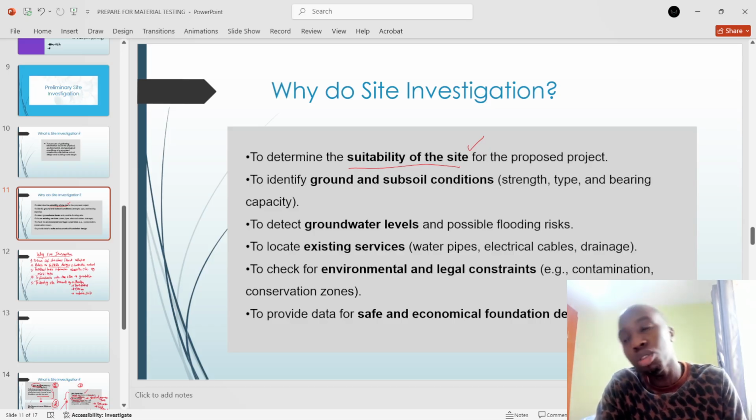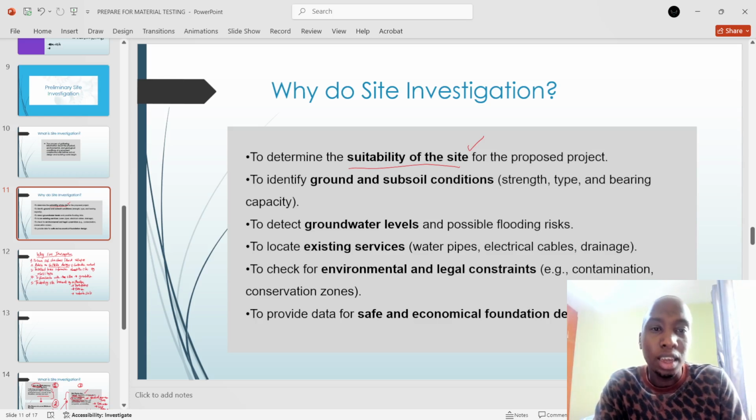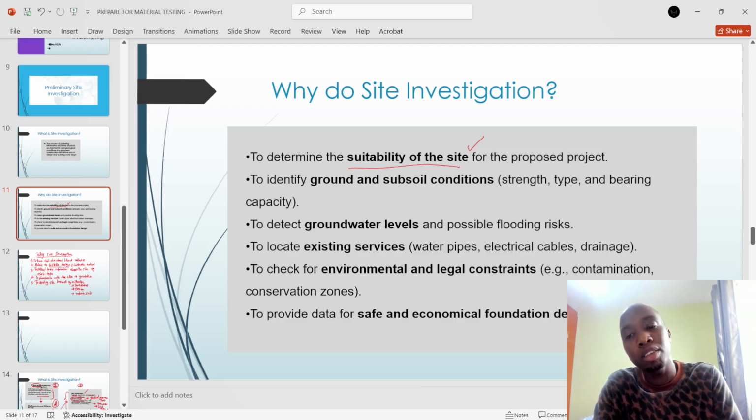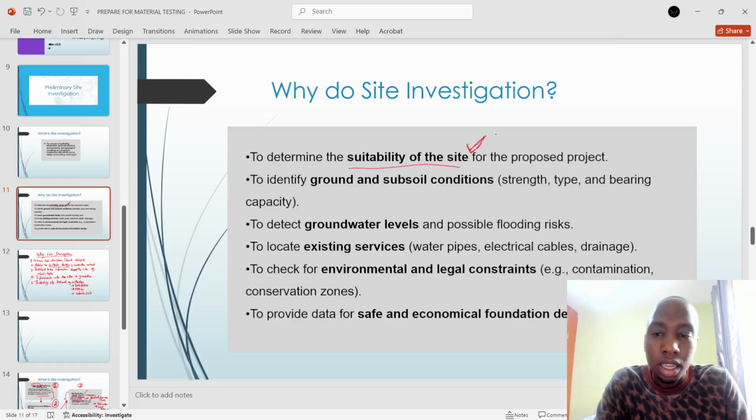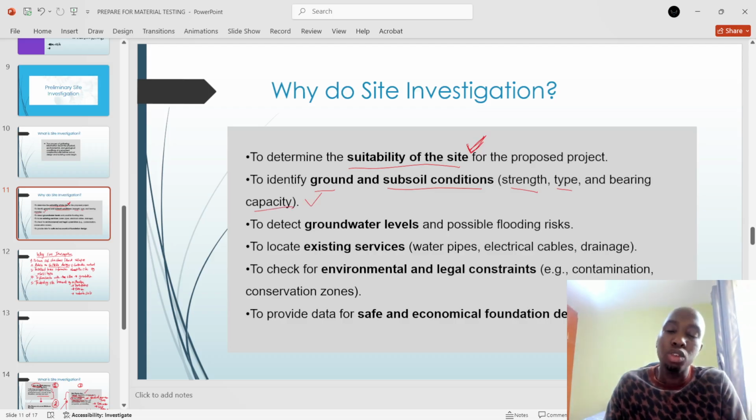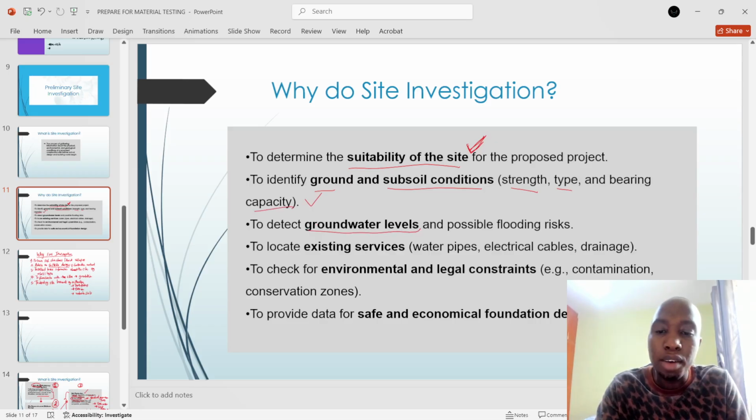You've got to know how is the soil, how deep is maybe the groundwater, how deep is the rock, the base rock or the bedrock? To identify ground and subsoil conditions, the strength, the type, and bearing capacity. You guys have already told me that, and we've talked about that. To detect groundwater levels.